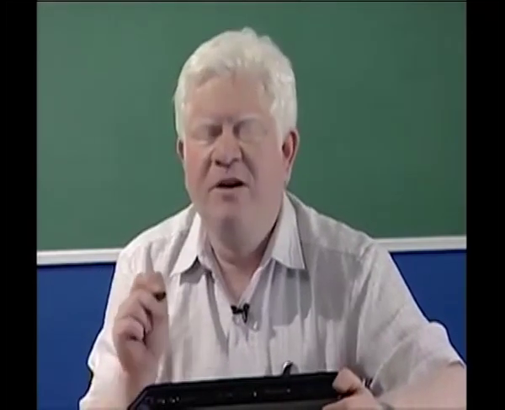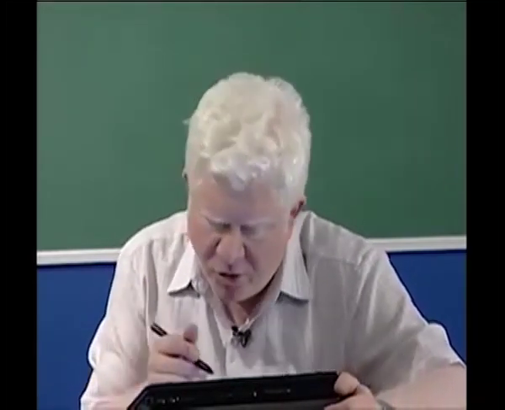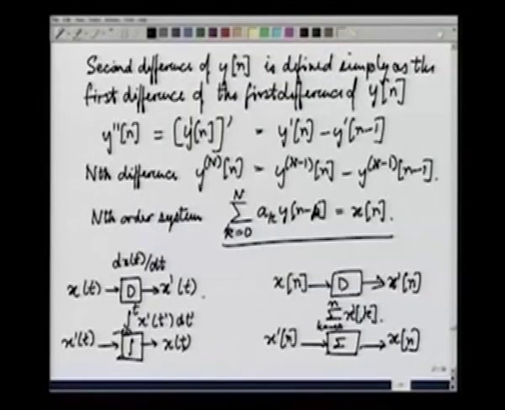This would be the inverse of the differencing operation. While this was called a running integral, this is what we just call a running sum.